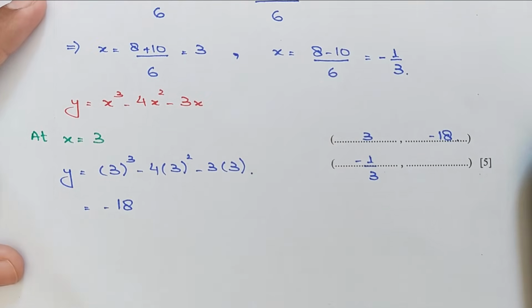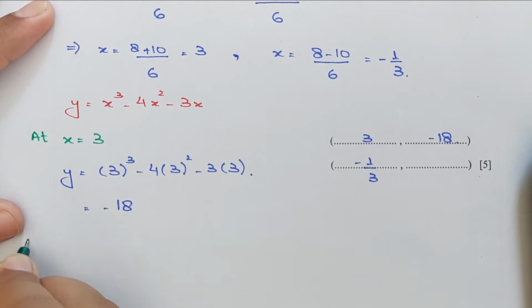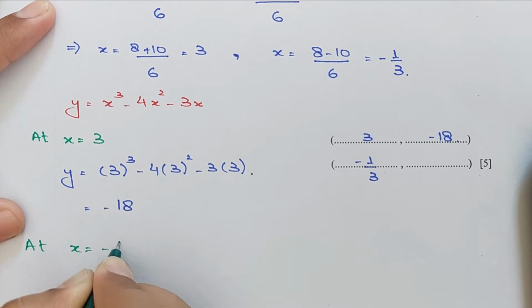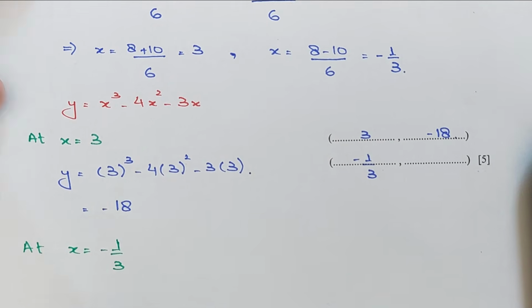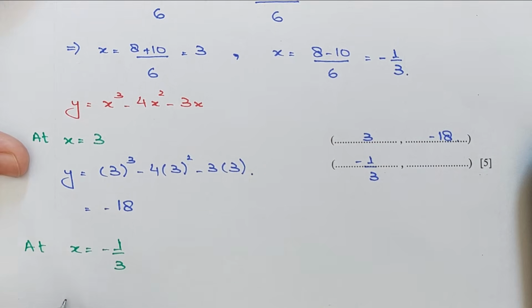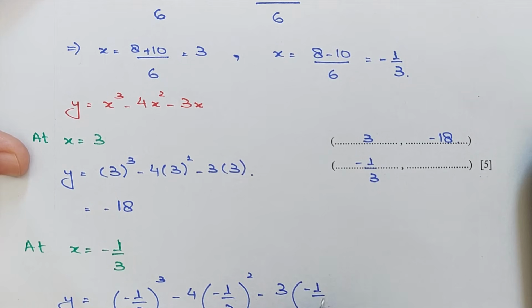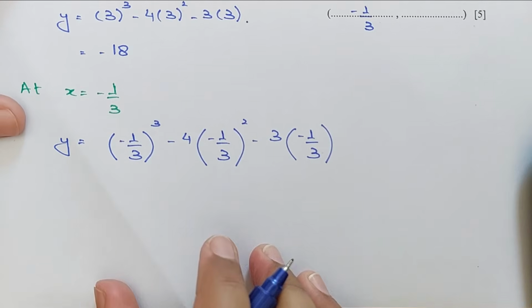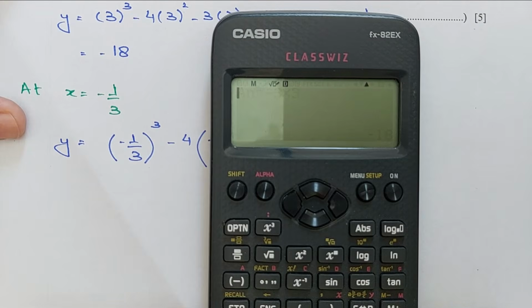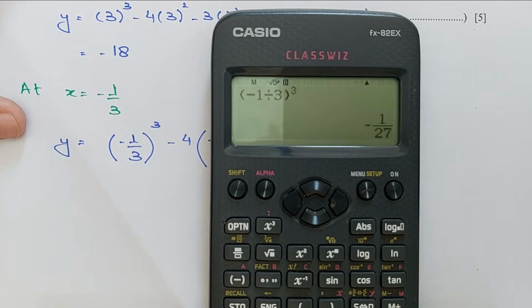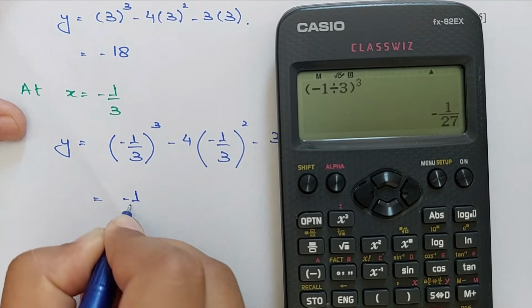Let me solve for y when x is negative 1 by 3. At x equals minus 1 over 3, y equals (minus 1 by 3) cubed minus 4 into (minus 1 by 3) squared minus 3 into minus 1 over 3. So we have minus 1 divided by 3, cubed. This is minus 1 over 27.